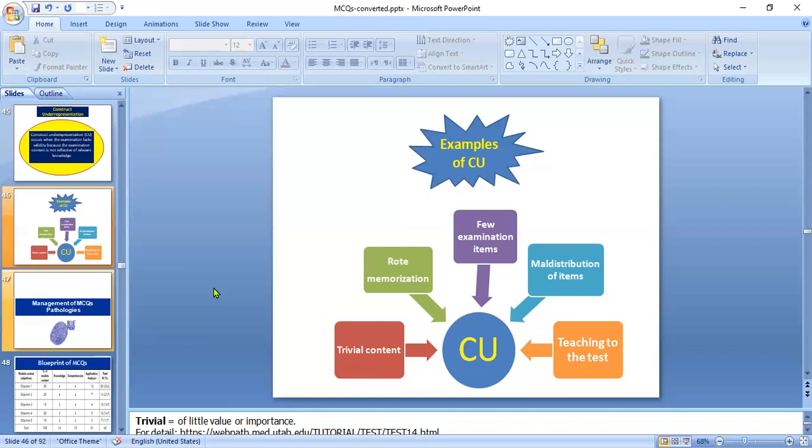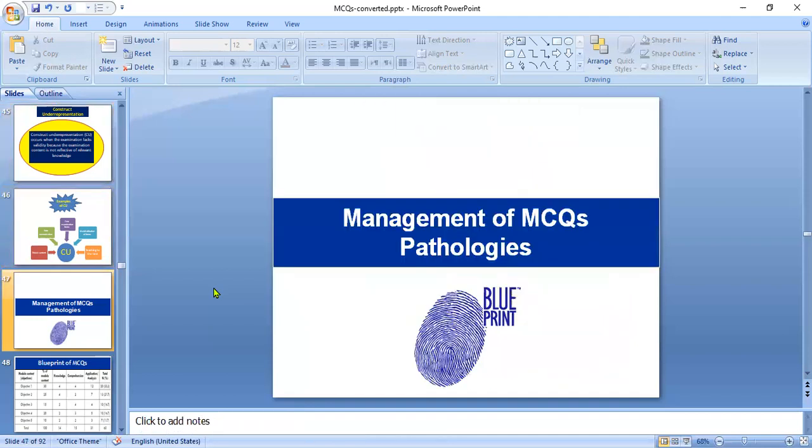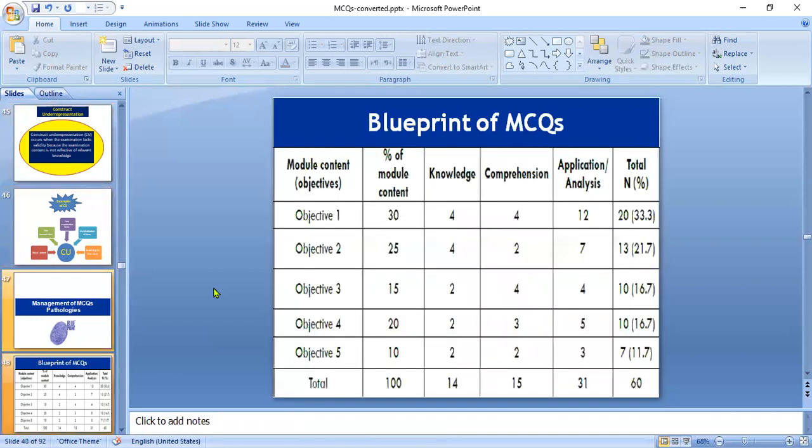The best management for all these flaws, for all these pathologies of the MCQ, is the blueprint. Blueprint MCQ का क्या मतलब है कि before going to construct the paper, before going to construct the MCQs, the teachers should make a table which is known as the blueprint of the MCQs.